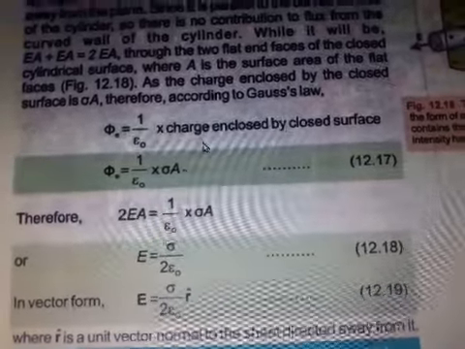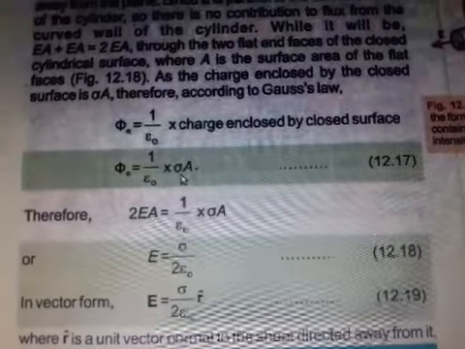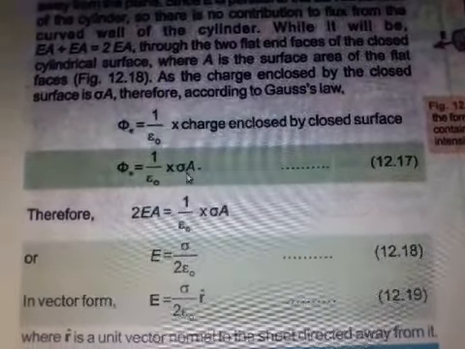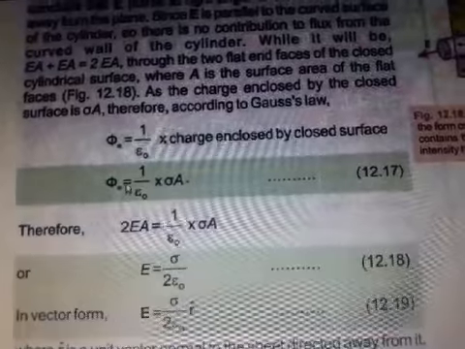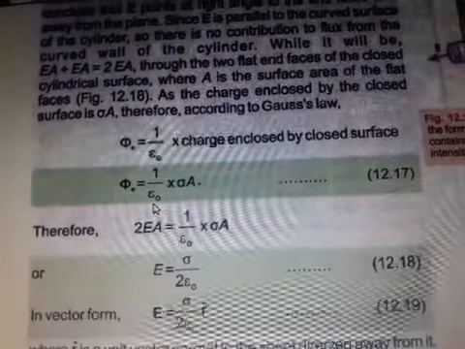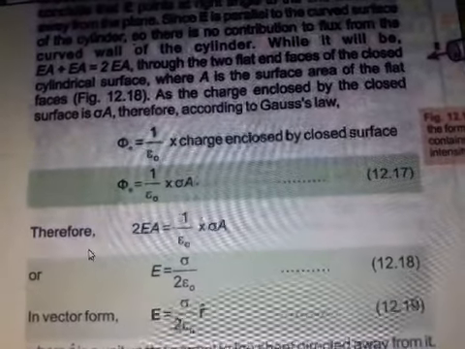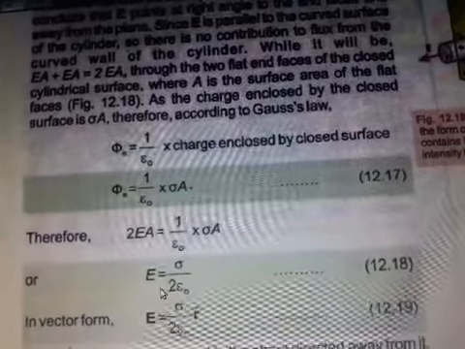From surface charge density, the total charge was equal to sigma A. This is the value of the total charge as we have discussed earlier in this lecture. So total flux through this Gaussian surface will be 1 over epsilon naught times the total charge, and that charge is sigma A. So flux will be sigma A over epsilon naught. Also, combining these two equations, we have 2EA equal to sigma A over epsilon naught, and E is equal to sigma over 2 epsilon naught.